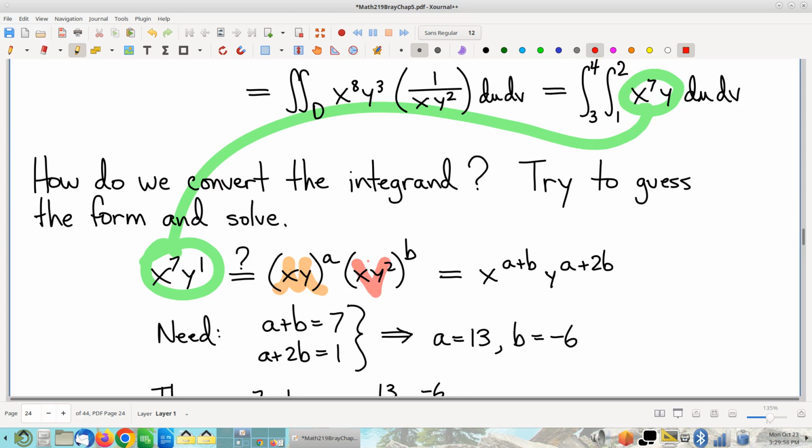So now ignore the rest of the stuff that I have written down here, just for the moment. I have a product of powers of x and y that I want to know how to write in terms of u and v. Let me say that differently. I want to write it in terms of products of powers of u and v. And now let's just think about it out loud. What should I expect to do to products of powers to produce a different product of powers?